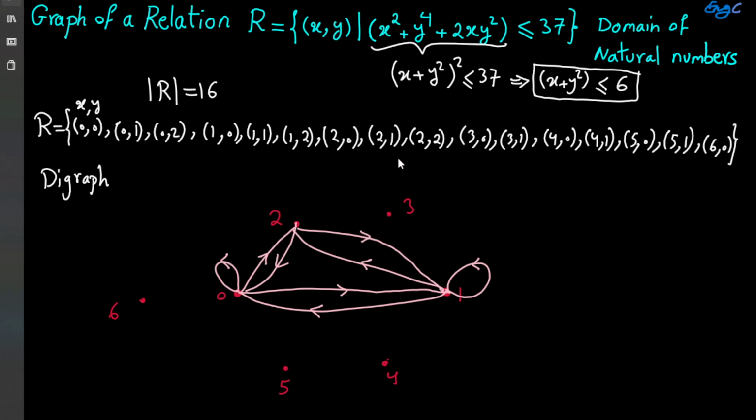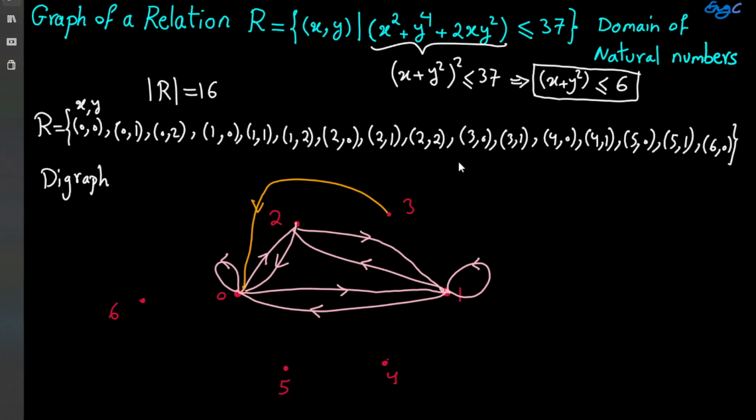Then we have 3, 0. Let me use a different color. So there is this 3, 0. Maybe for better visualization, I do it this way. 3, 0.